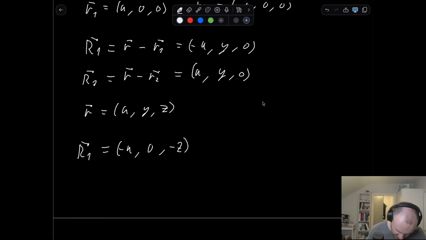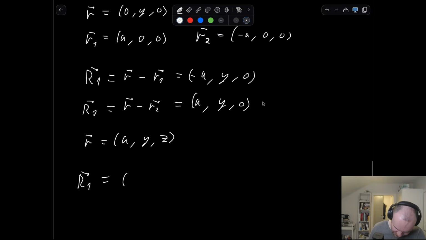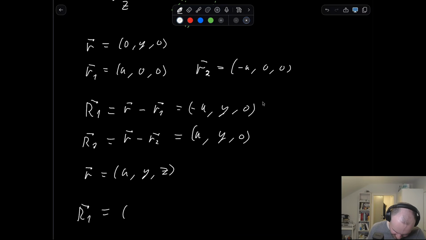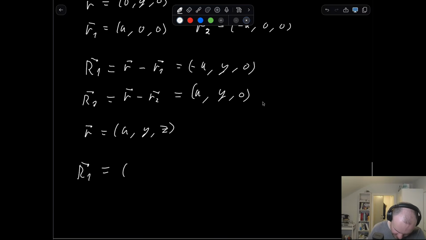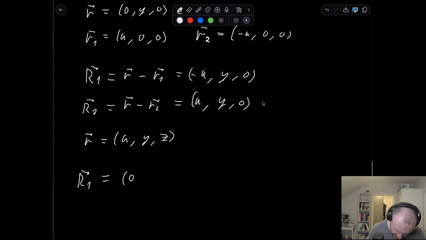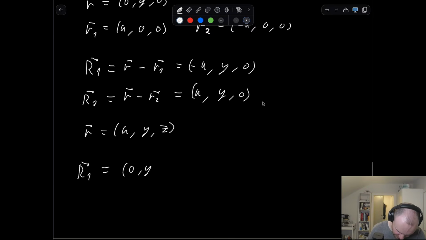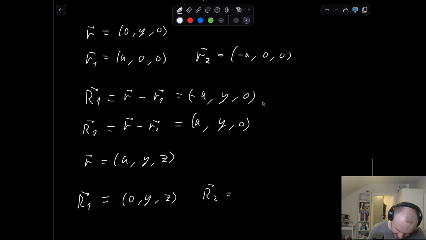Now r1, I get y minus y, so y goes away. Otherwise it's minus a. It's 0, right? And it's minus z. No, r is first, and I made a mistake. Yeah, what was the first one? I shouldn't be too quick. So r1 was A, so that one is 0, and then we have y and z. And then r2, the first one is a, y, and z, and the second one is minus a.